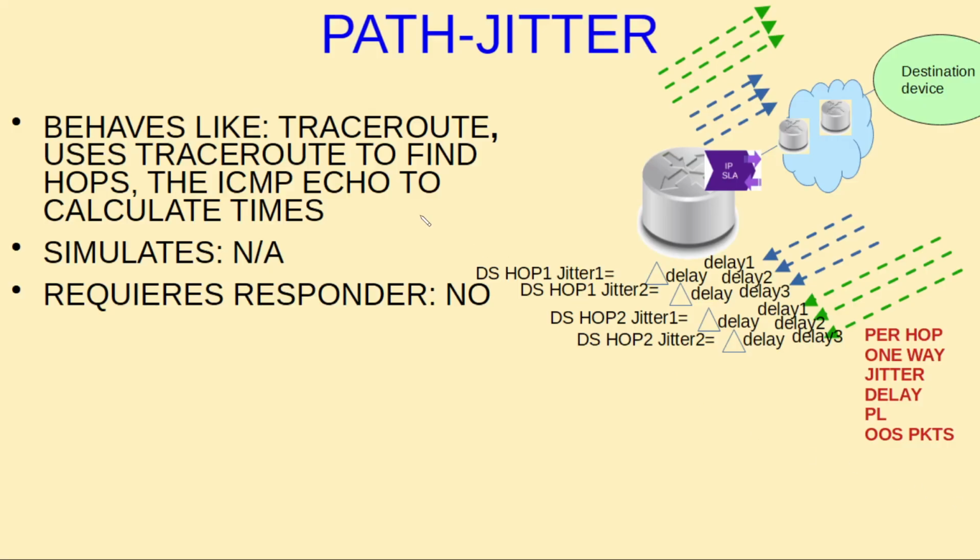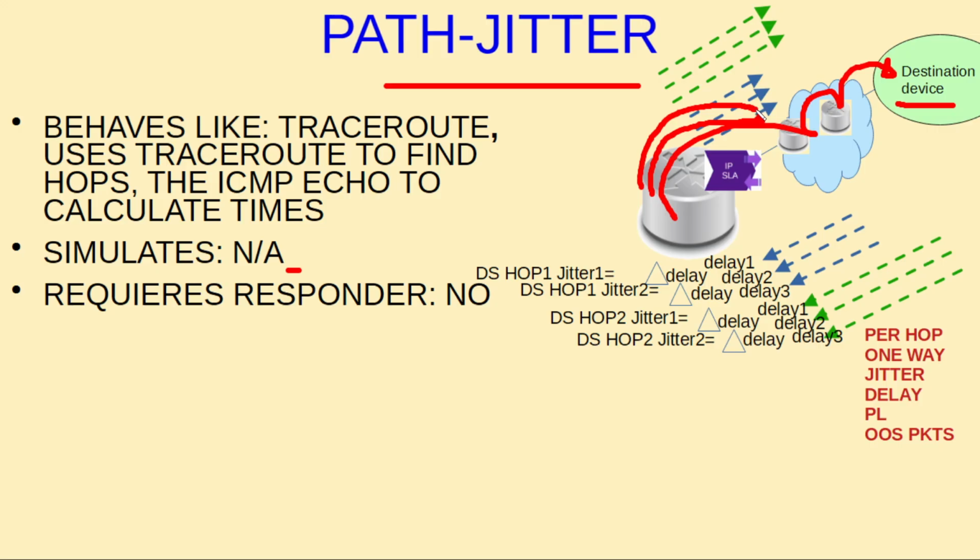Next operation will be path jitter. With path jitter, we are actually not simulating a particular application. However, we are going to send a trace route in order to find out what the intermediate devices are in order to reach this destination device. And after that, we are going to send several probes in tandem to every single hop in the path in order to calculate several delays.